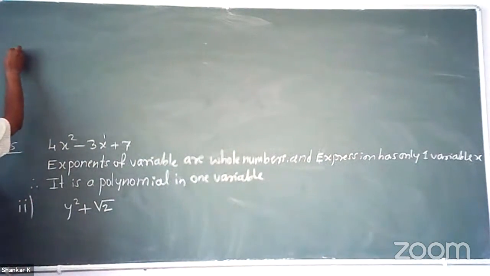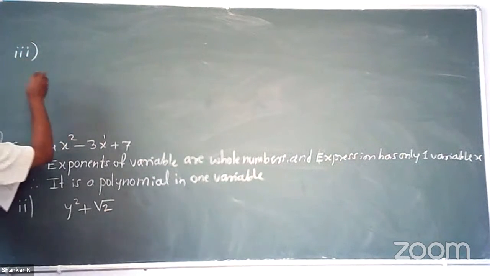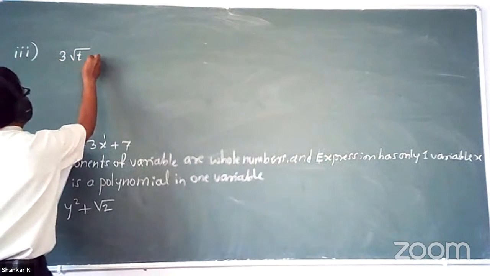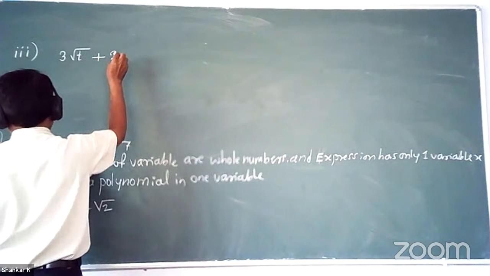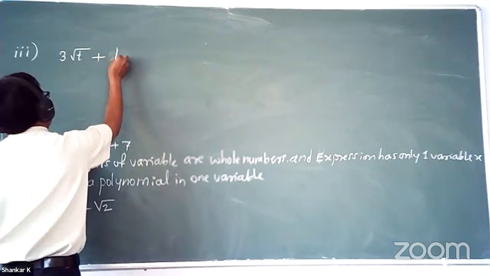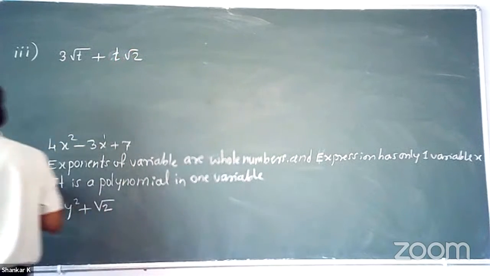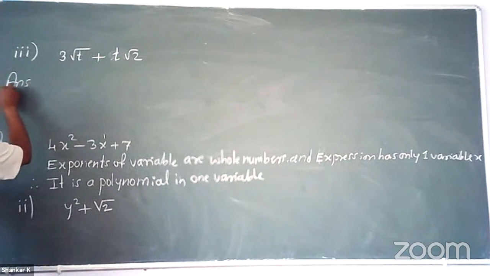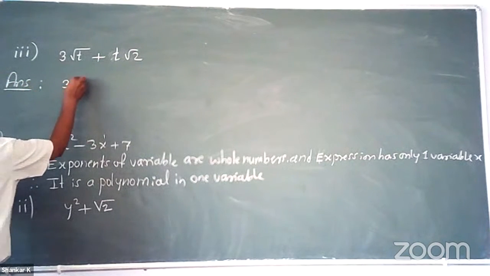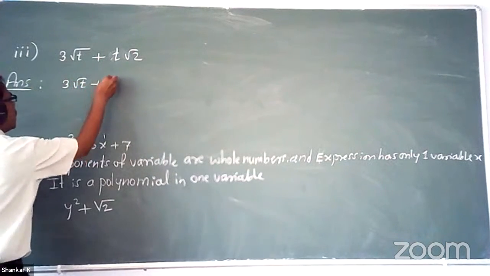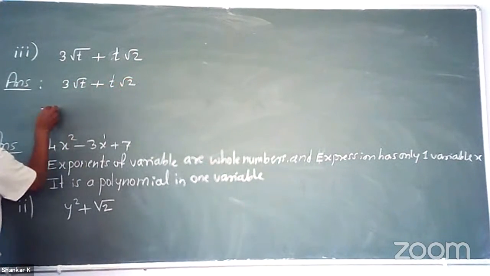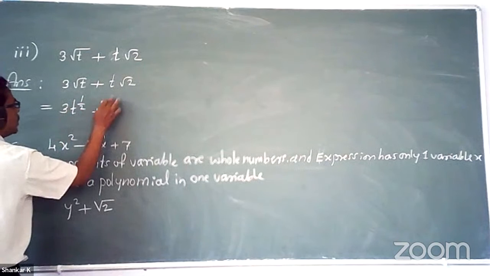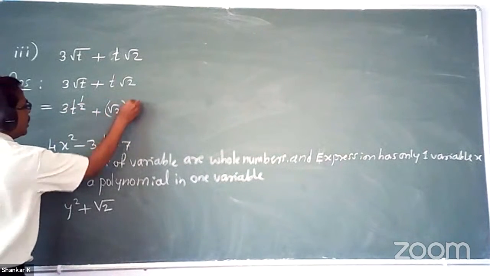Third question: 3 root t plus t root 2. It is not a polynomial because 3 root t plus t root 2 can be written as 3 t raised to half plus root 2 times t.